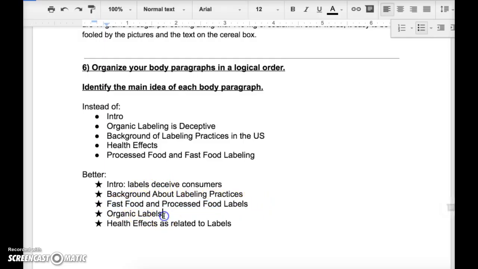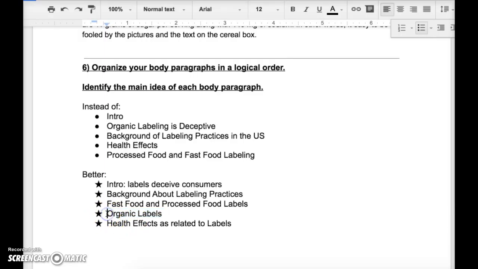And then after that, I would put the organic labels because this part is a little bit shocking, right? The reader would probably expect the fast food part, but then the reader probably wouldn't expect the organic food to also have these deceptive labels. So I think that would naturally come after fast food.